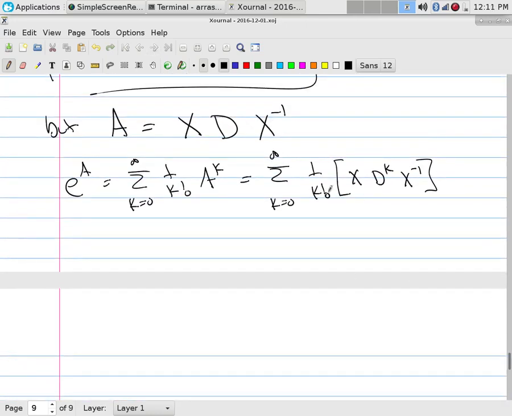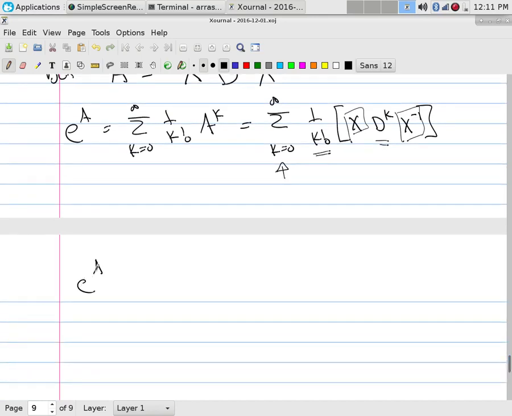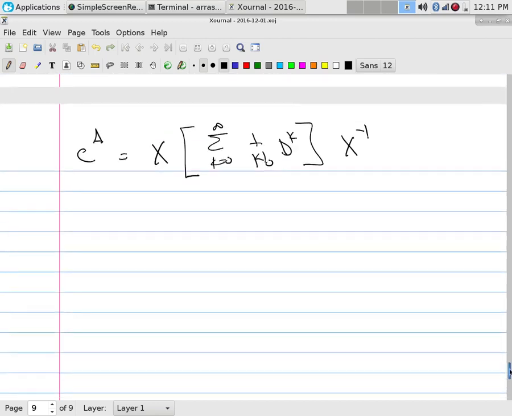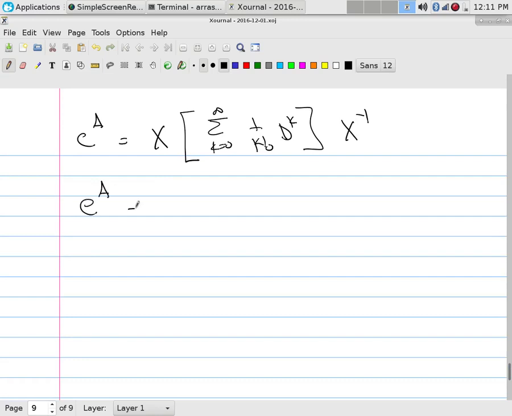Properties of sums: if you have a k, you stay inside the sum. If you do not have a k, what do you get to do? Take it out. So that tells me that e to the A is simply going to be X times the sum from k equals 0 to infinity of 1 over k factorial D to the k, with my X inverse matrix on the other side. And so e to the A is simply X e to the D X inverse.